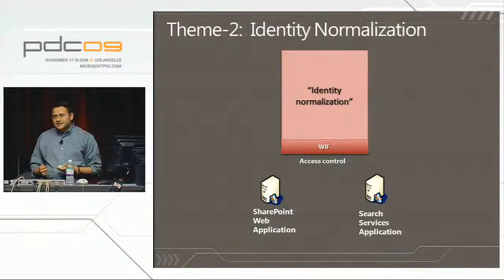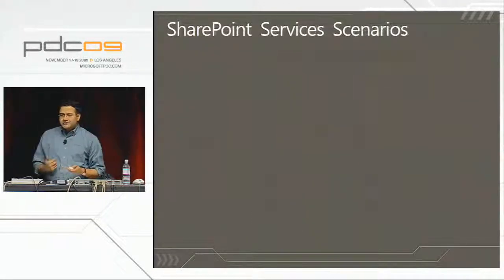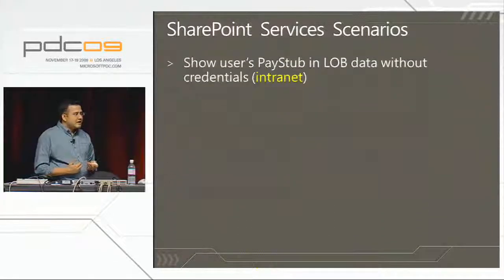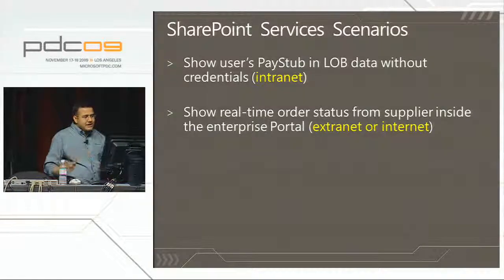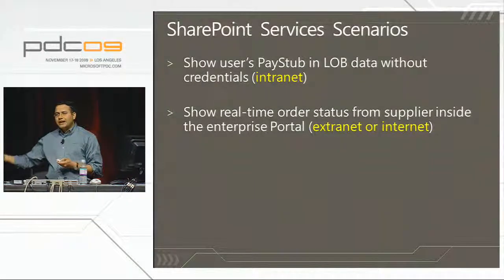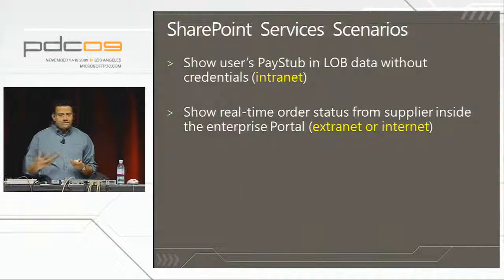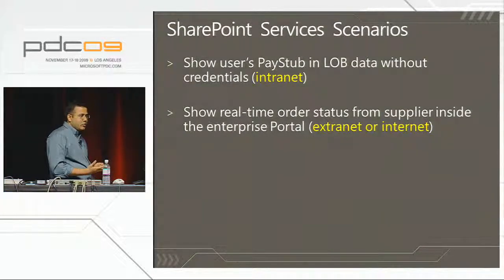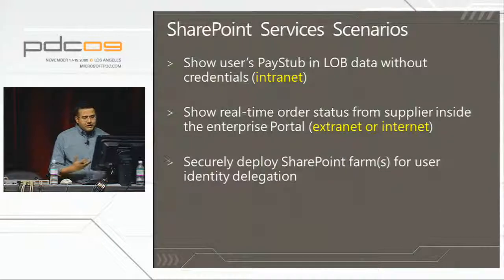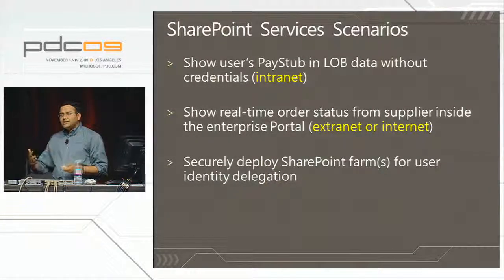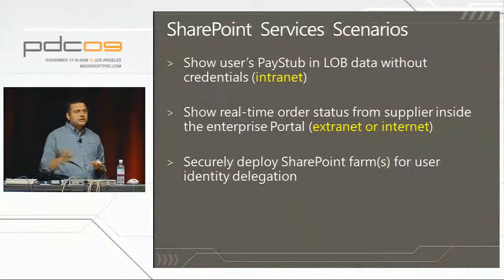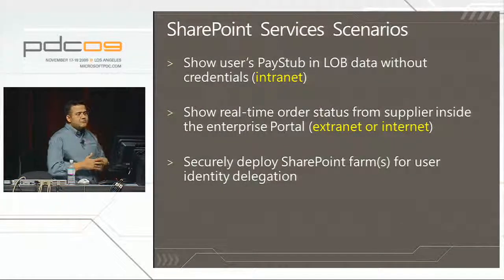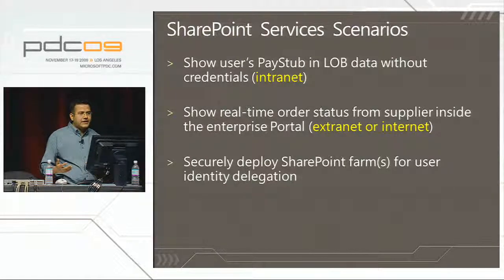One scenario called out yesterday for SharePoint services is, obviously, on the intranet, you need to be able to show the pay stubs within your application. Second, you are able to show external data within SharePoint as well. And most importantly, identity delegation within SharePoint is now possible. So across farms or even across machines, you can use WIF's identity delegation feature. You get both user identity and service identity available to you in the services as well.